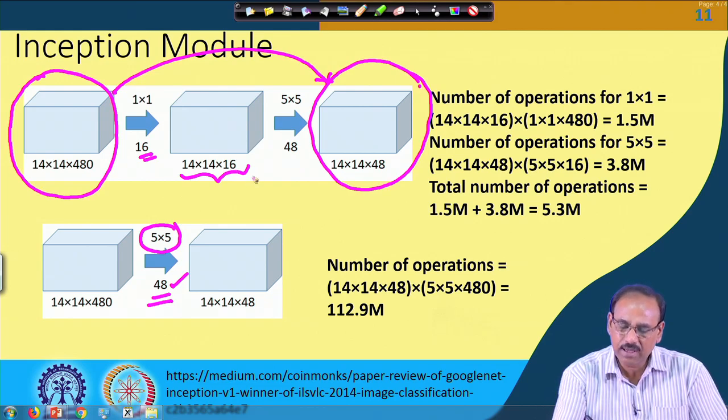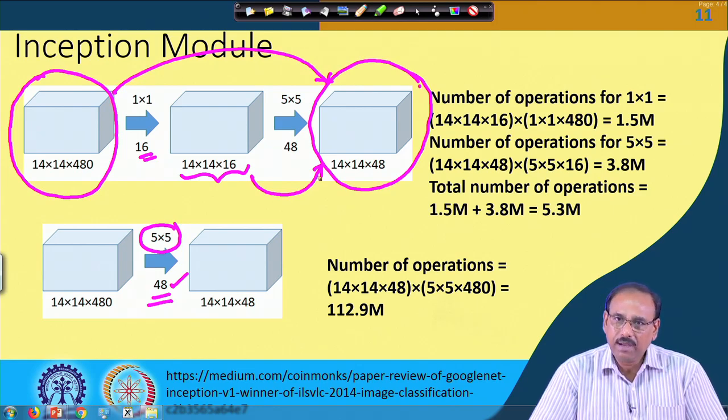And then from here, at the second level, I can have 5 by 5 kernels. So, each of the 5 by 5 kernels will map this feature map 14 by 14 by 16 to 14 by 14 by 1, of course with proper stride and proper padding that we have already discussed before.